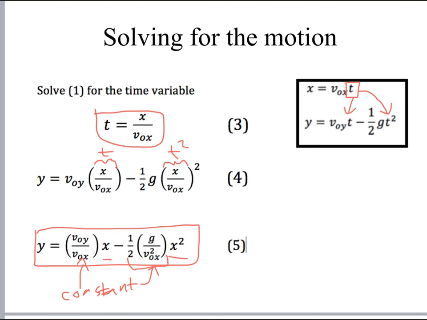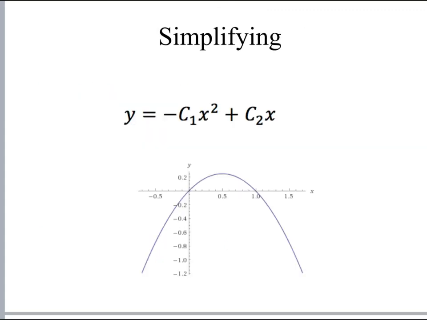And we can also note that the constant in front of the x squared term is negative. And so I've got some constant 1, some constant 2. I can rewrite this equation to simplify it. And I end up with y equal to some negative constant x squared plus some positive constant x. And that is the form of a parabola.